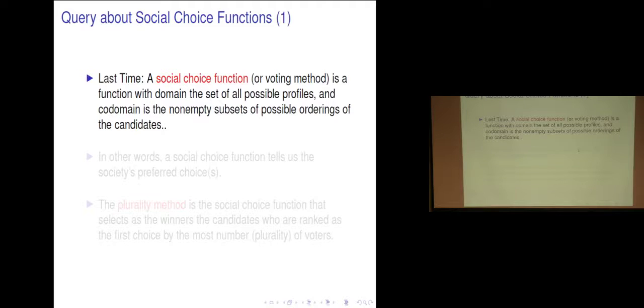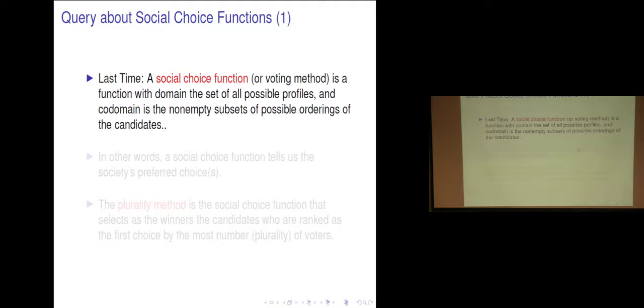So imagine that everybody voted, and I collect all their votes here. Now the voting method is going to give us some output based on these votes. The codomain is the non-empty sets of possible orderings of the candidates.